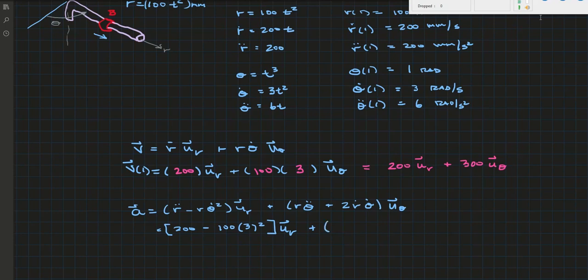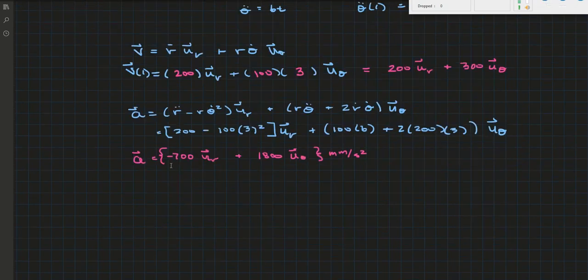And then we have 100 times the angular acceleration of 6 plus 2 times the radial velocity of 200 times the angular velocity of 3, and that is in the theta direction. And that produces this final result in millimeters per second squared. We should probably put units up here in millimeters per second.